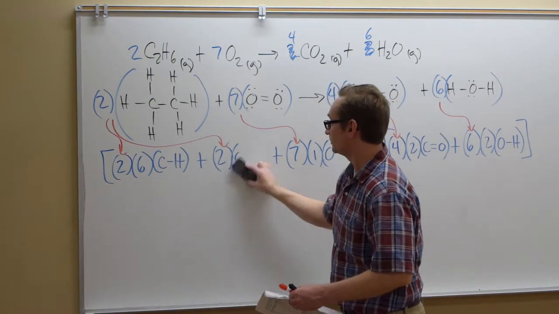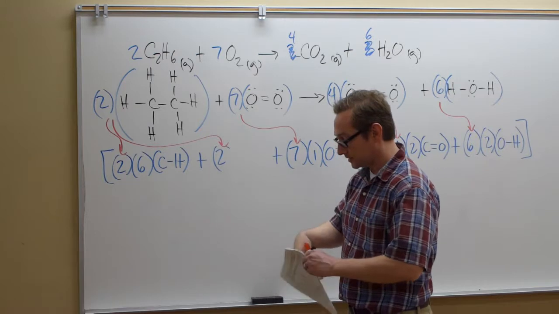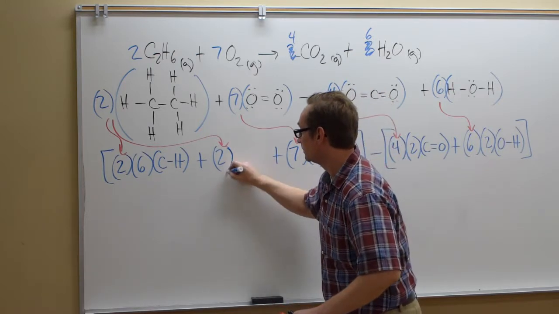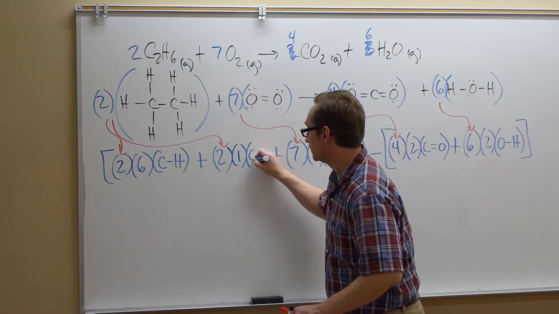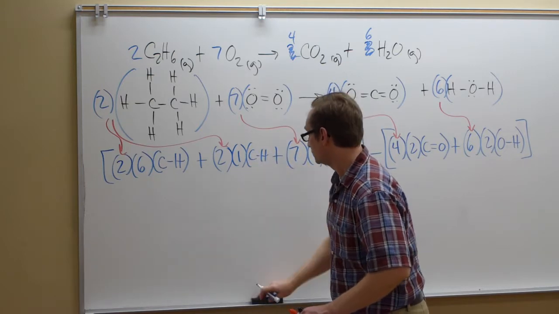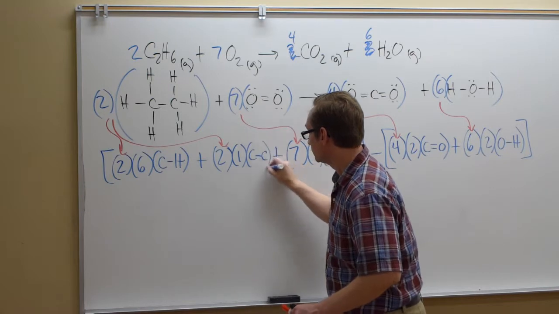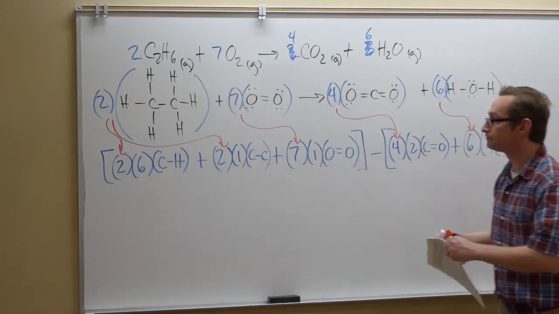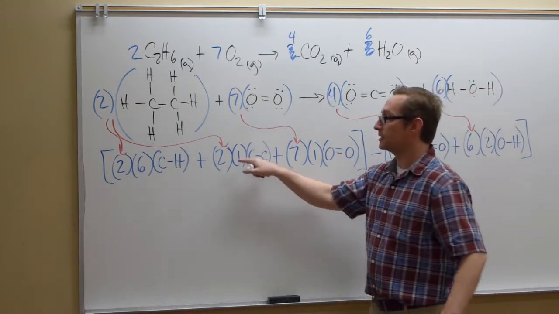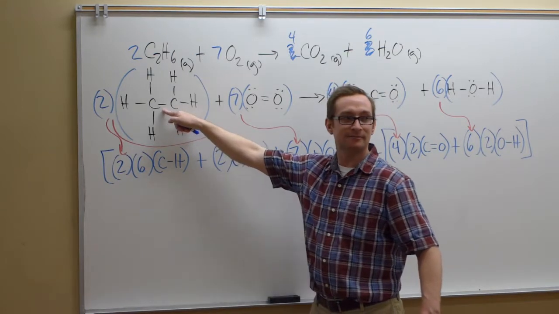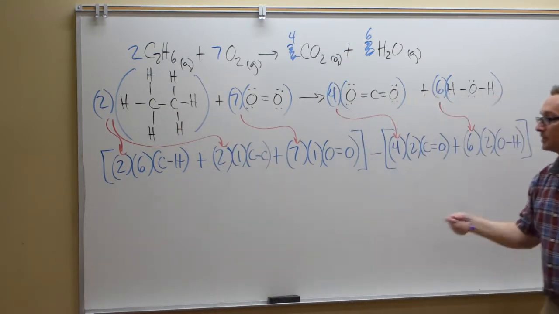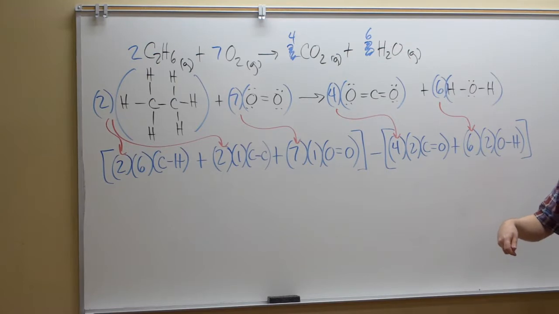You just write that for consistency. Okay, this is a 1 because there's only this one CC bond in here. Right. So the first number I have there is for the coefficients. The second number is how many of that bond type are in that molecule. All right, and that's what these two numbers mean.